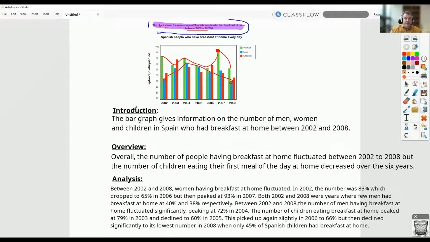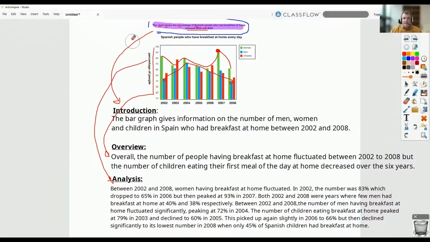We've included our introduction, which is the paraphrase of this. We've included an overview, which just talks about the main points. And we've given an analysis, which talks about the percentages, the specific numbers.